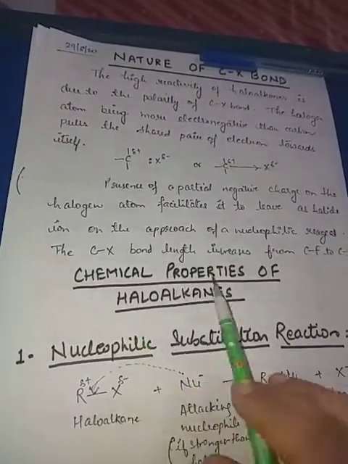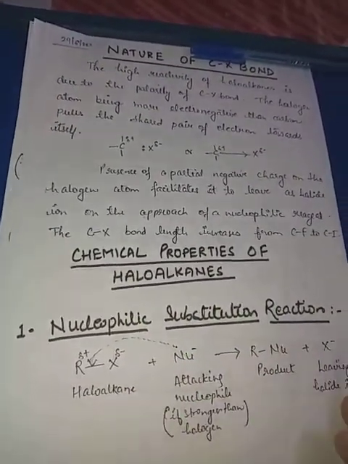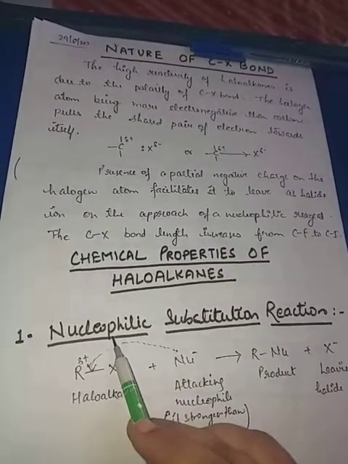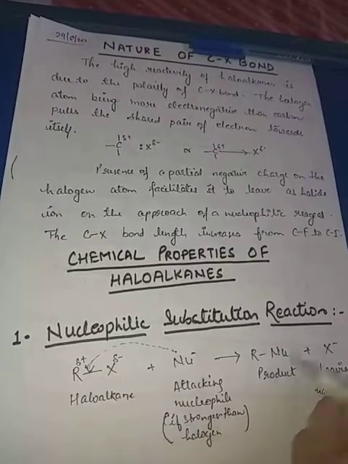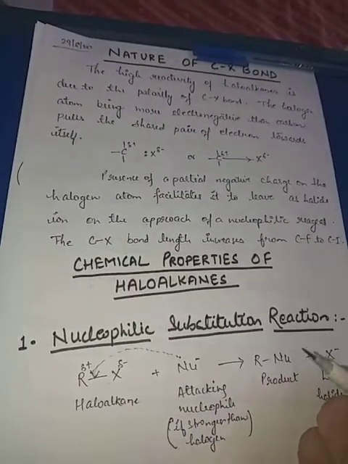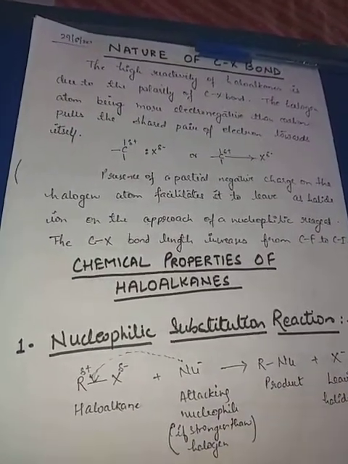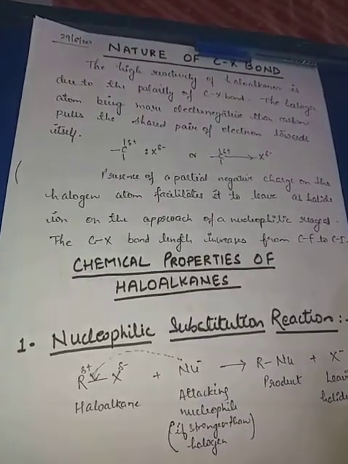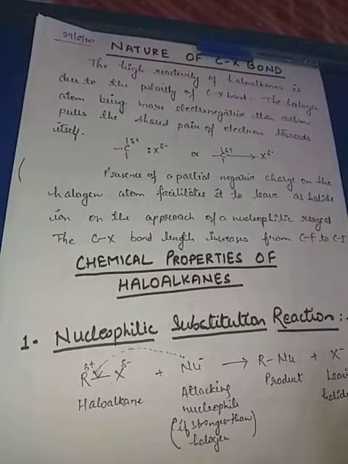Now, chemical properties of haloalkanes. The first is nucleophilic substitution. Substitution done by a nucleophile is called nucleophilic substitution. Like in general displacement reactions, the more reactive element displaces the less reactive element from its salt solution.